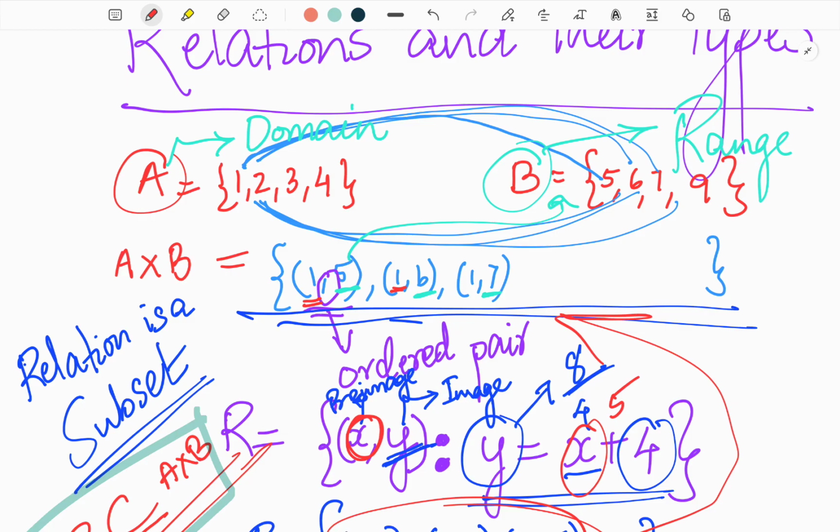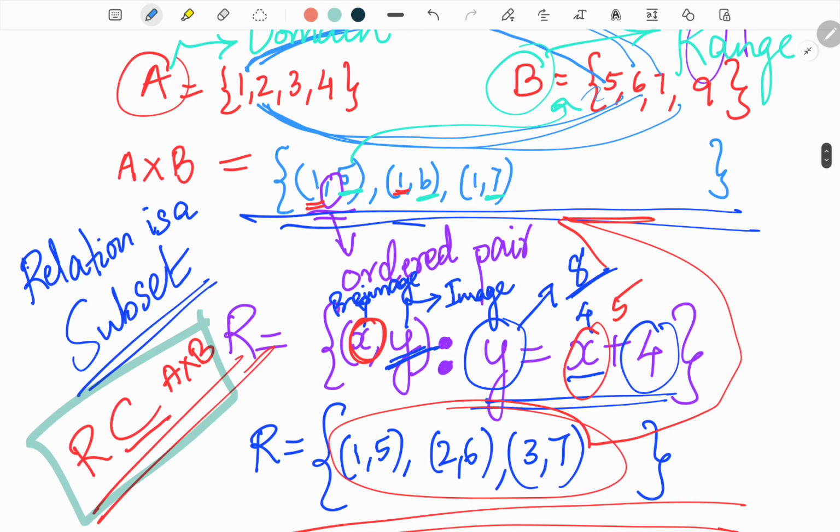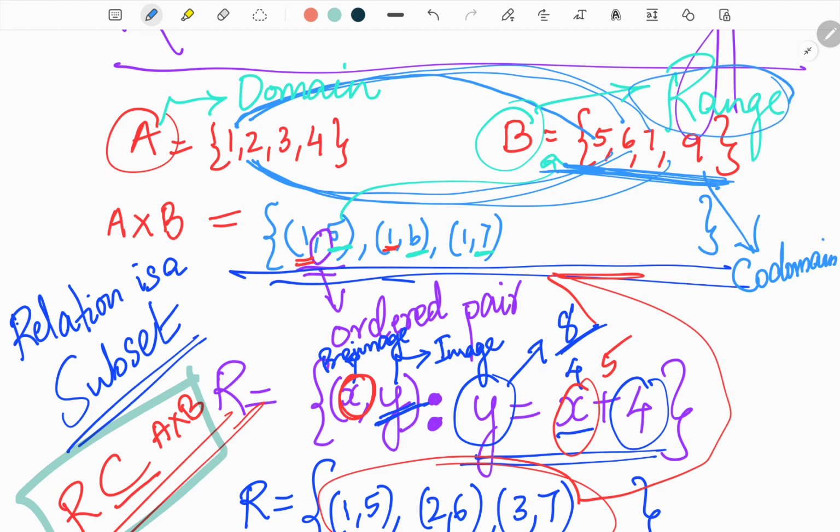with the element 9. So as a result, this set B has some element which does not belong to the relation. So this set B is actually called the codomain of the relation. So now what is range? Now range is different.